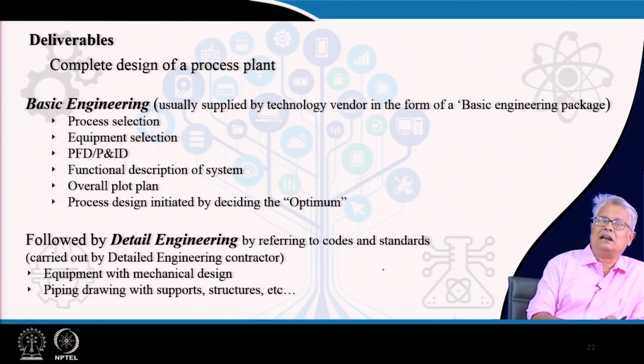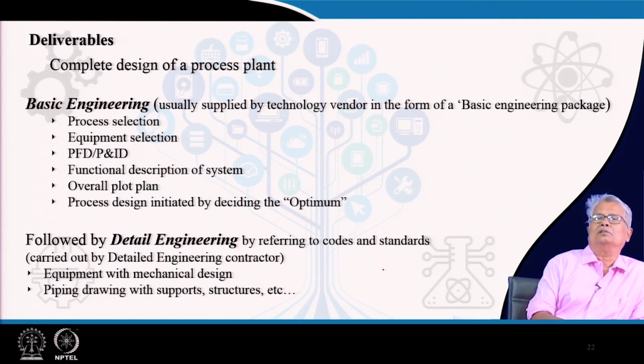I have used a term, basic engineering. The basic engineering document is normally supplied by the technology vendor in the form of a basic engineering package. A typical example of this is a Merox plant, which is meant for removing mercaptans from light hydrocarbons, a technology which is sold by Universal Oil Products, UOP.